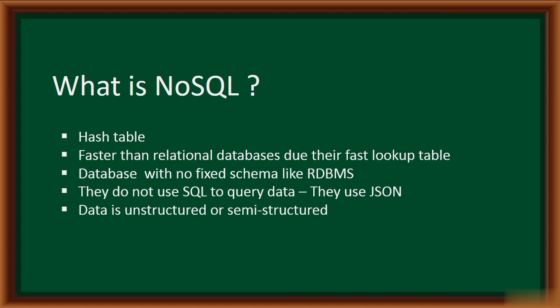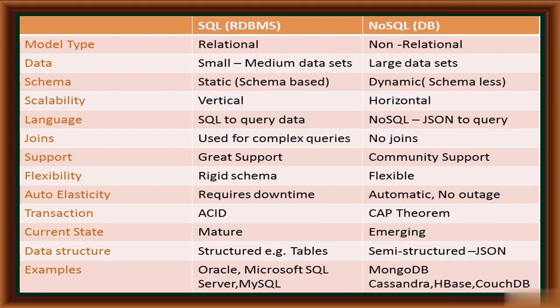Let's take a look at some differences between a NoSQL database that does not use SQL to query data and a traditional relational database that uses SQL to query data. So these are some of the differences between a traditional database that uses SQL to query data and a NoSQL database that uses things like JSON to query data.